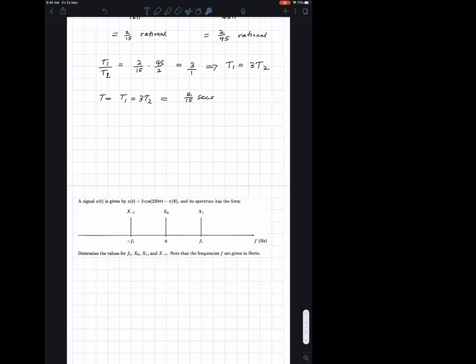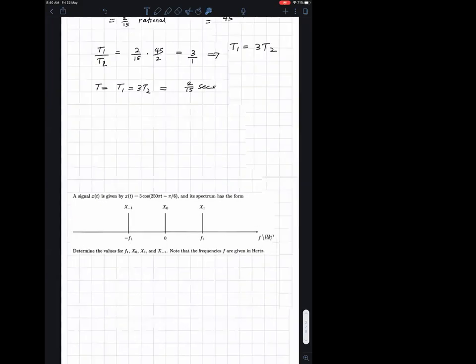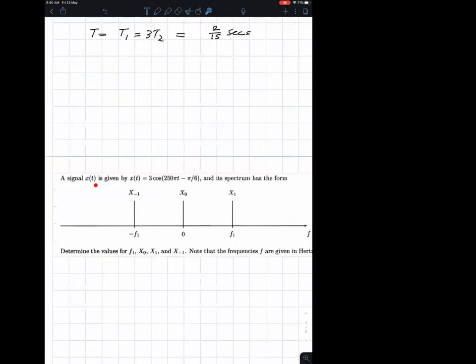Understand the question. A signal x(t) is given by this equation here: cosine 250 pi t minus pi over 6. And its spectrum has the form shown. This is a spectrum. This is a DC, where omega is 0. Here, they're giving you not the omega, but f. f is hertz, omega is radians per second.